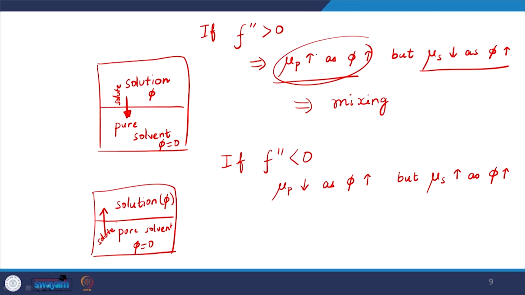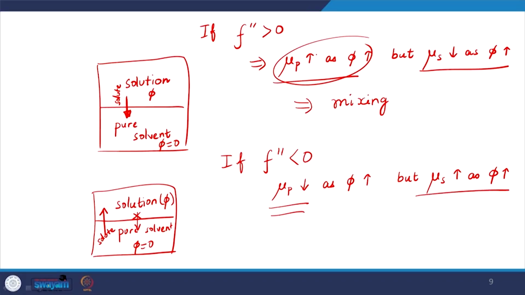If I start with pure solvent, there is no movement. Why? Because going in the opposite direction will result in a lowering of phi, and the lowering of phi will give an increase in the chemical potential, which is clearly not favored.